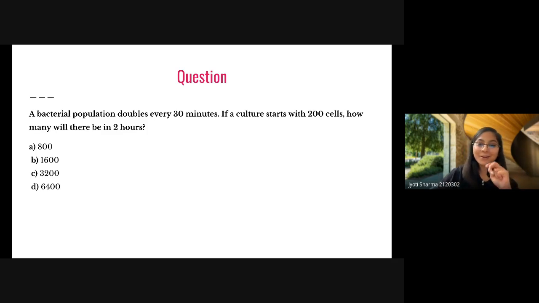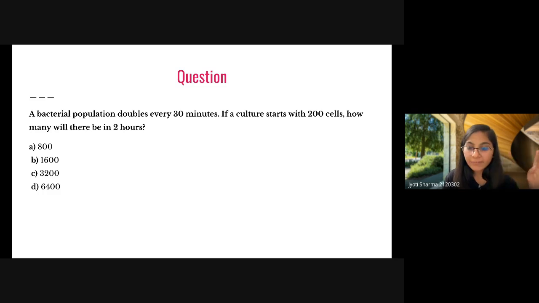Okay, you people are not cooperating with me, but let me tell you. Initially we have 30 minutes, then after 60 minutes we had the second generation, then after 90 minutes the third generation, and after 120 minutes the fourth generation, and 120 minutes means 2 hours. So in total we had four generations.